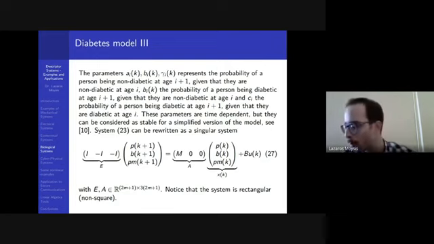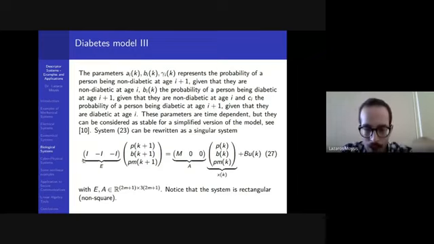And this sort of overall balance between populations again may give us a descriptor system. And actually, in this case, we see that the system is also rectangular. So we have actually only one equation describing the whole model, but we have many different states. So again, in this case, we may also end up with a non-square system.